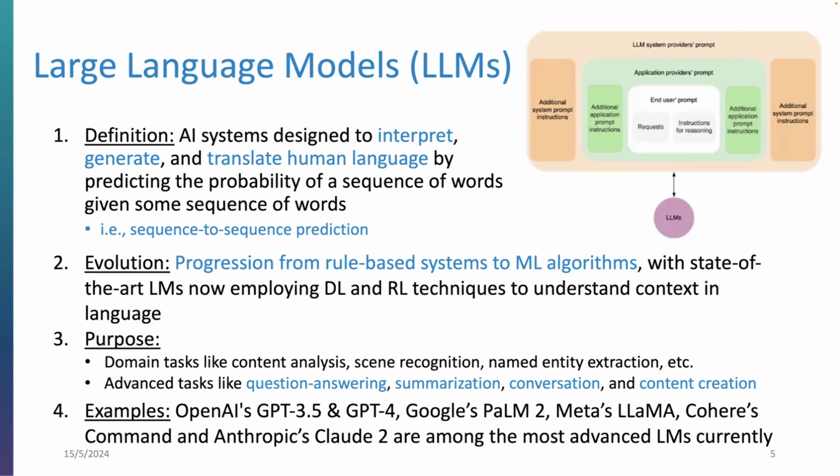Different system providers, like OpenAI, will have a different set of safety guardrails or prompts that they add to, say, Claude or Gemini, Google's Gemini.